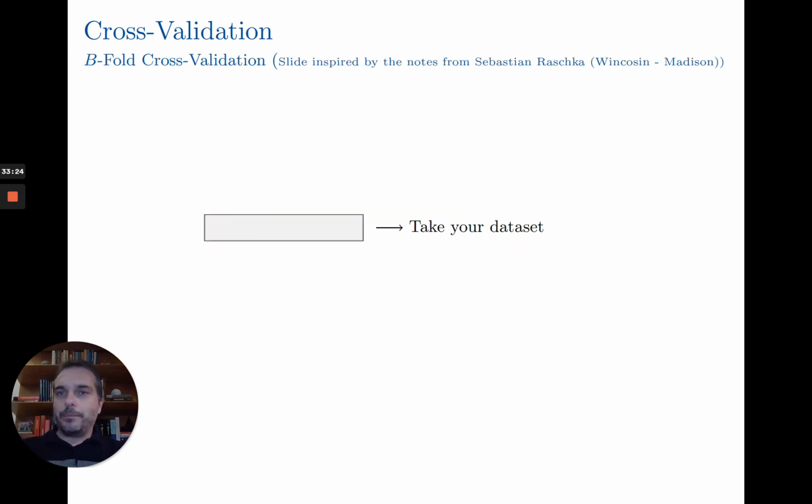So what's the idea? You take your data set. Imagine this abstraction, that this gray rectangle you are looking at on your screen is your full data set. Okay? We divide this data set into B parts, our B folds.